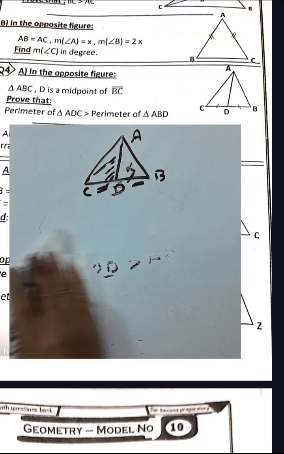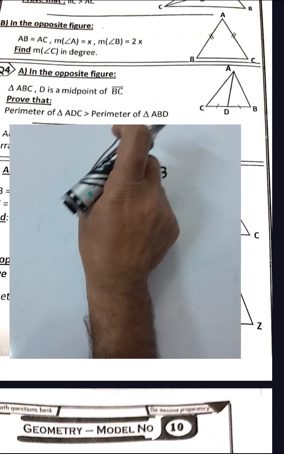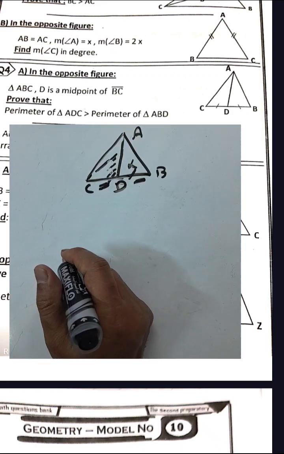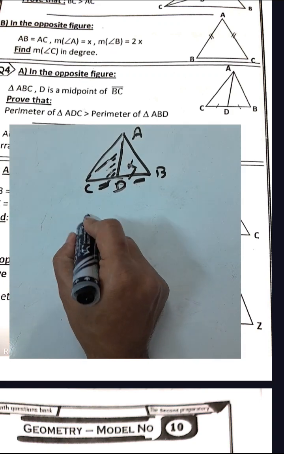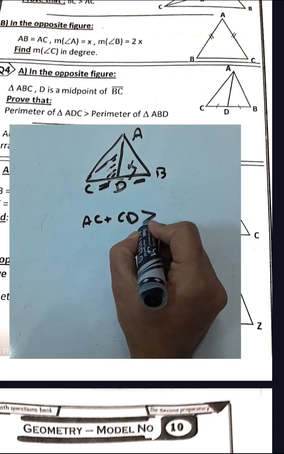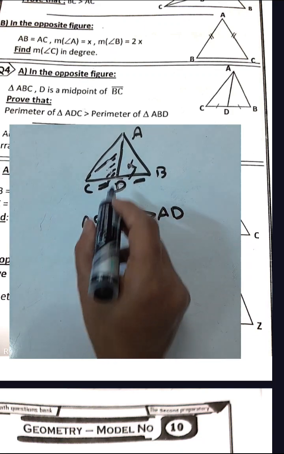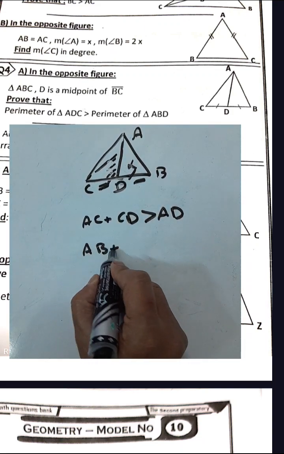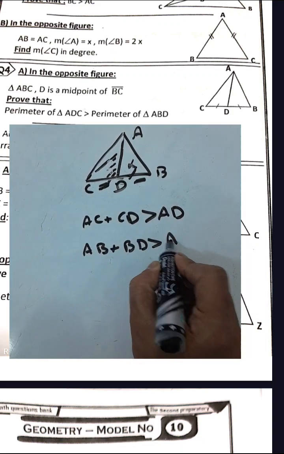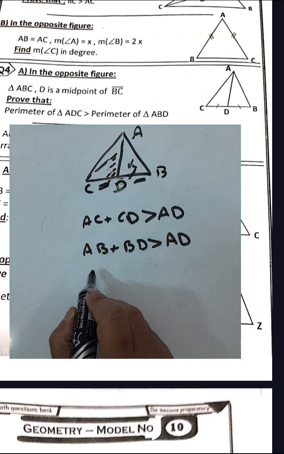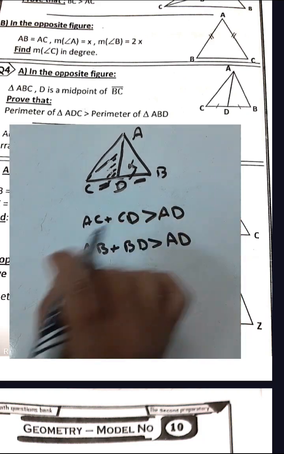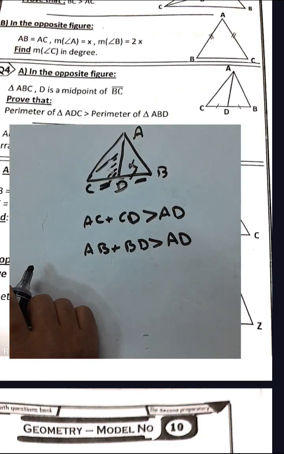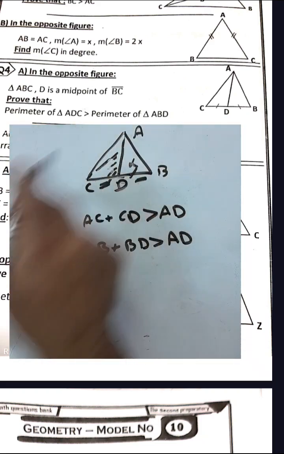And I want to find the relation between the two triangles here and here. How can we find the relation between them? Okay, we can write AC plus CD greater than AD, and we have AB plus BD is greater than AD. Okay, we can cancel AD here. How do we cancel AD to find the perimeter of ADC?